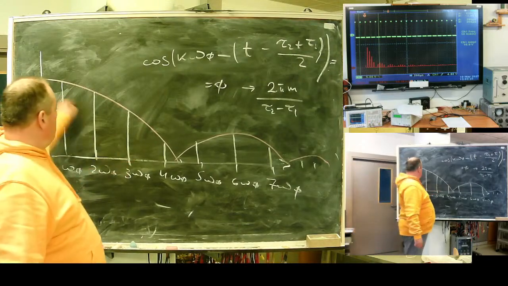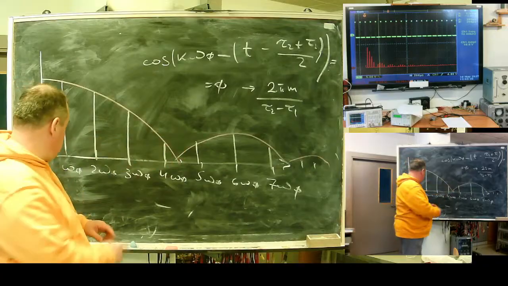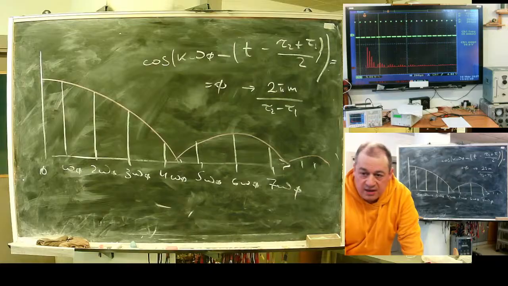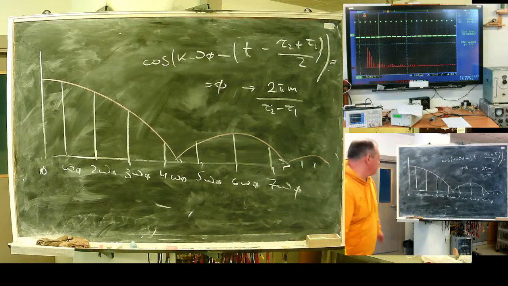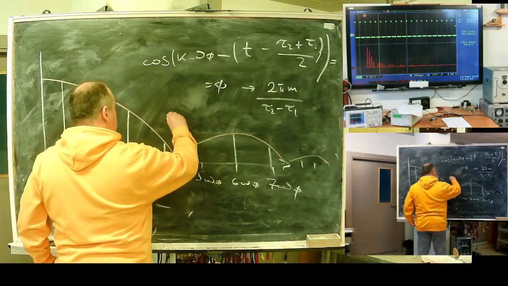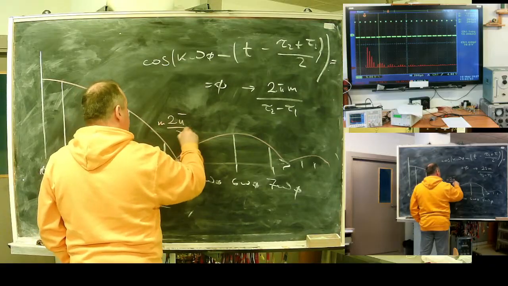Multiple lines, how to say, capped by cosine. Maybe I will increase it. This point is 2π m, 2π divided by tau.